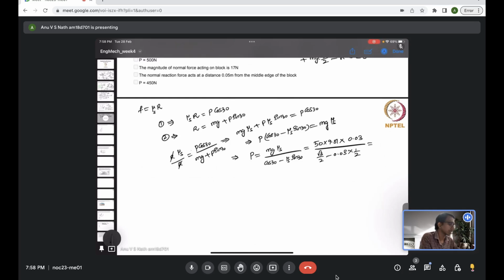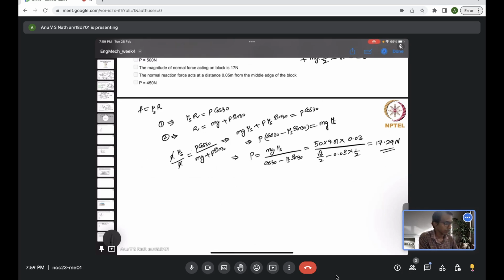So if you do the calculation, you will get 17.29 Newton. So that is the critical value of the load.